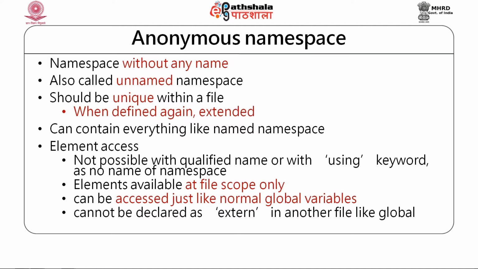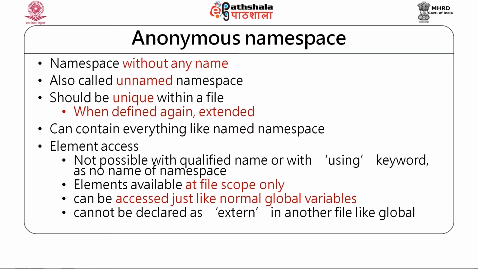It can contain everything like a named namespace. The only difference is in the anonymous namespace, the elements are available only at file scope. They are not available at block scope, because it does not have any name.